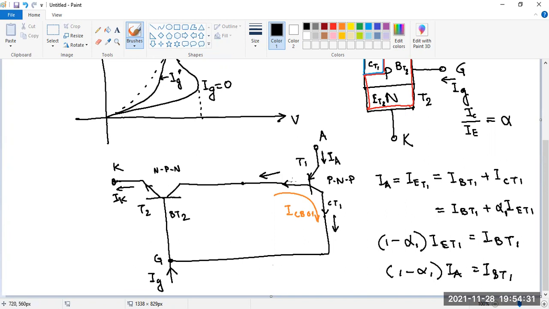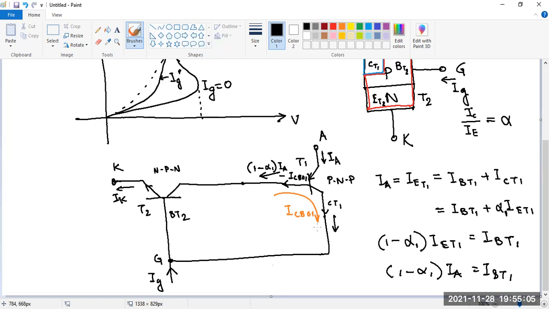So actually the base current should be 1 minus alpha IA, but we have to subtract this because this current is leaking from this base to the collector of T1. So we have to write here, 1 minus alpha 1 IA minus ICBO1, isn't it?